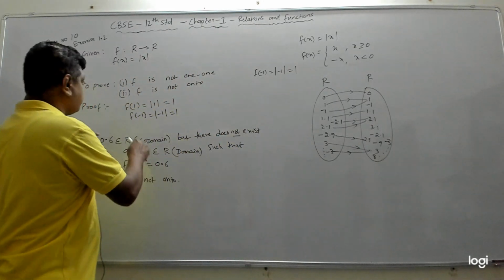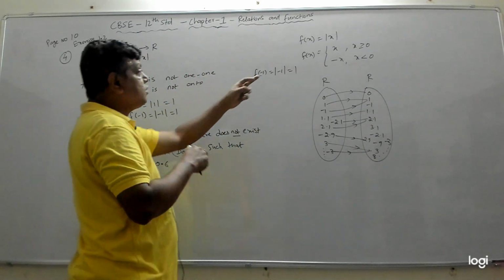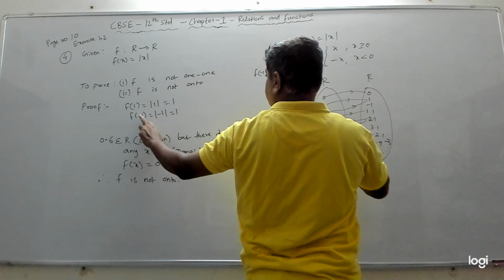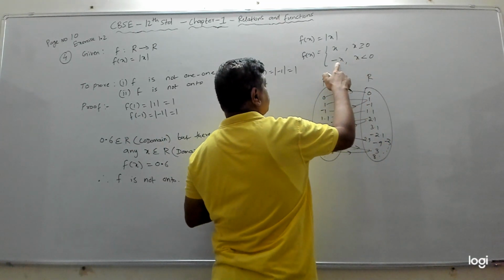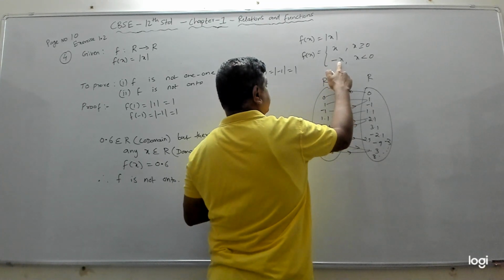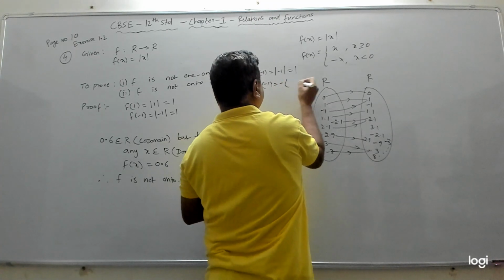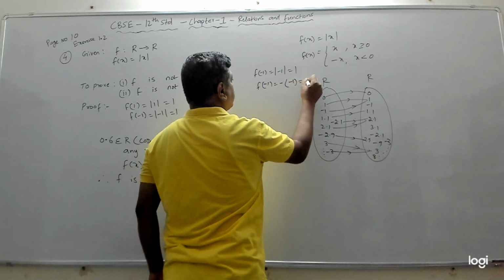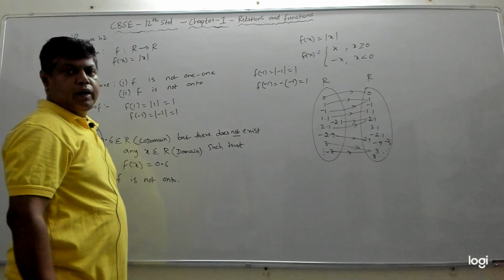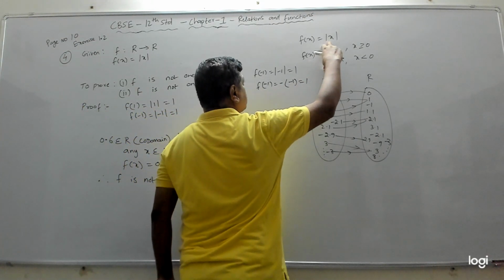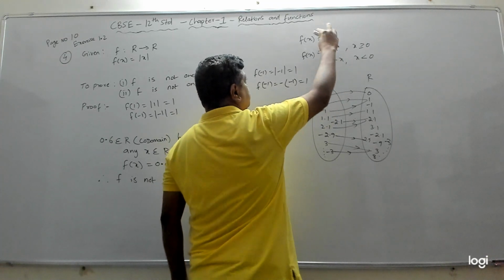To find f of minus 1 using this function, x is negative, and when x is negative you have to use this function. So f of x becomes minus x, and f of minus 1 becomes minus of minus 1, which is 1. You can use either one, because both are one and the same function.